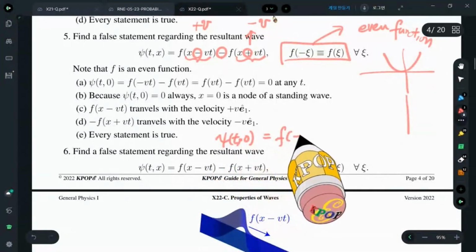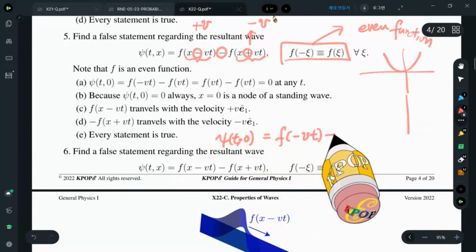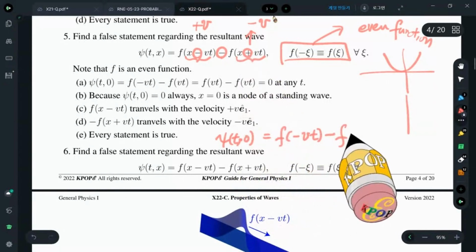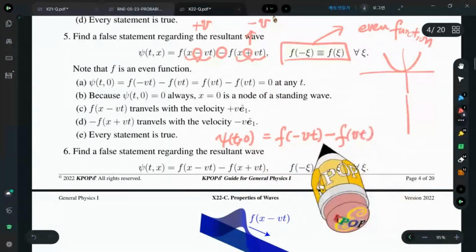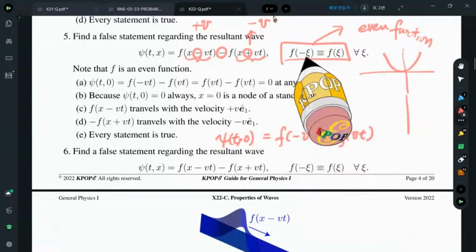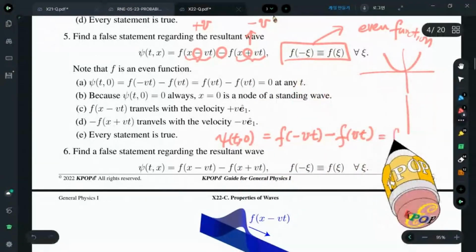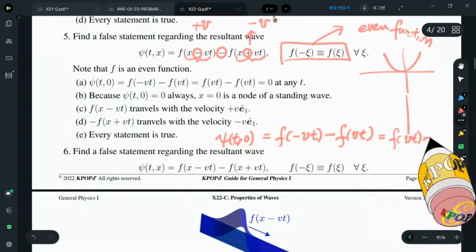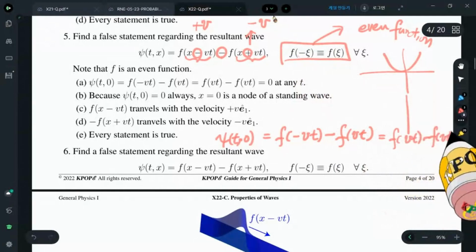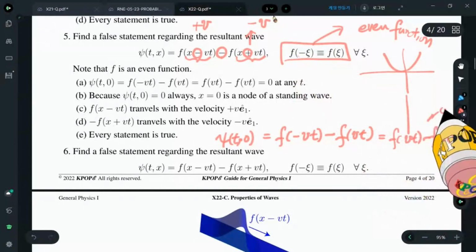So 0 minus 0, but I told you it is an even function, so it is f of vt minus f of vt. So they cancel, it is 0.